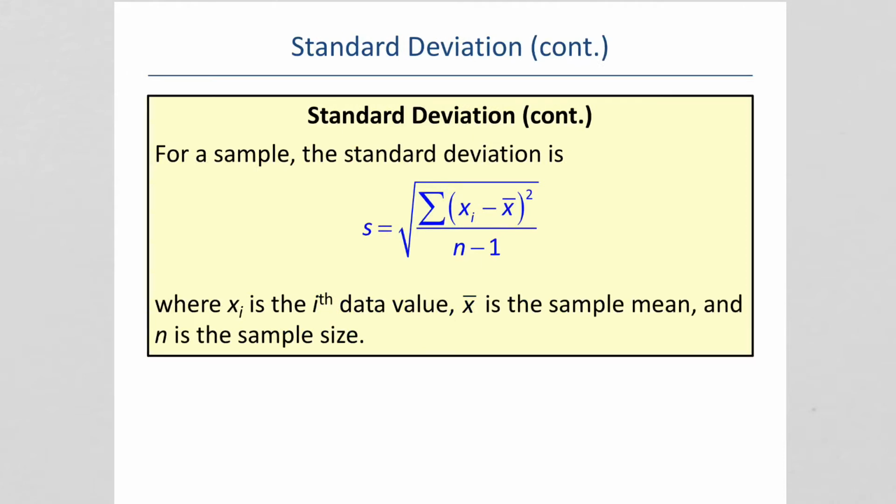The only difference with the sample standard deviation is that we use n minus 1 on the bottom. So it's the number of data values in the sample minus 1.